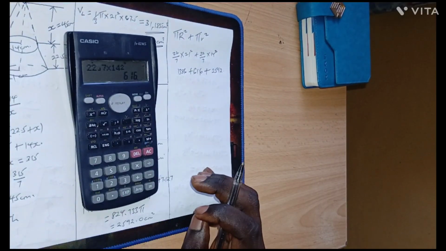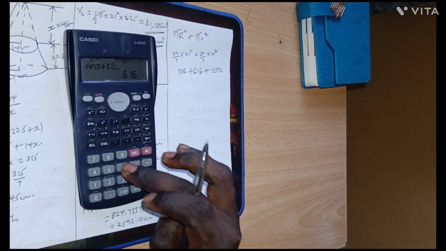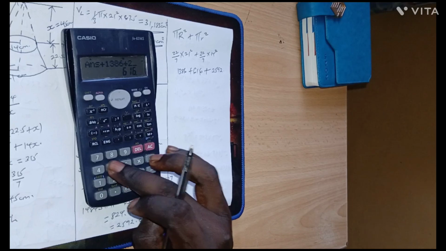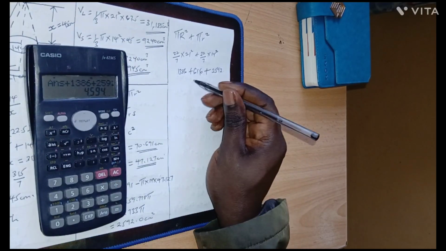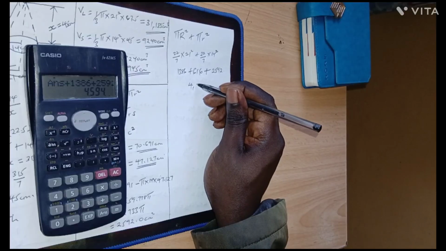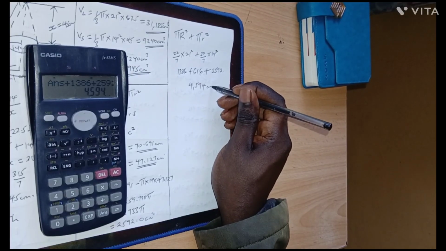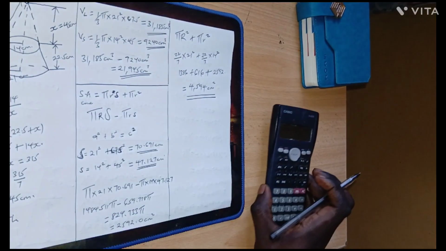Let's see now: 616 plus 1386 plus 2592 gives us 4,594 centimeters squared, because we are looking for surface area and not volume.